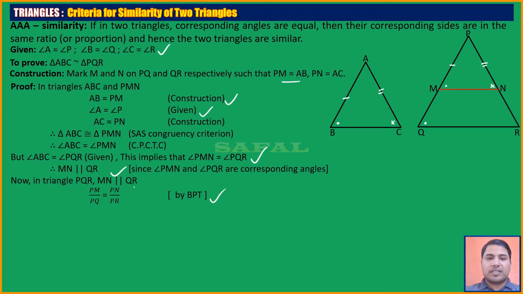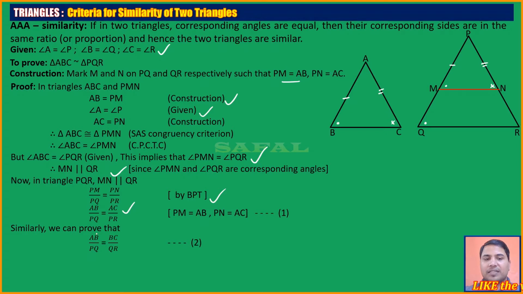Now by construction I can see that PM equals AB and PN equals AC. So I am doing that substitution. From equation 1 I can see that AB is proportional to side PQ and AC is proportional to side PR. In a similar manner I can prove that AB by PQ is the same as BC by QR.